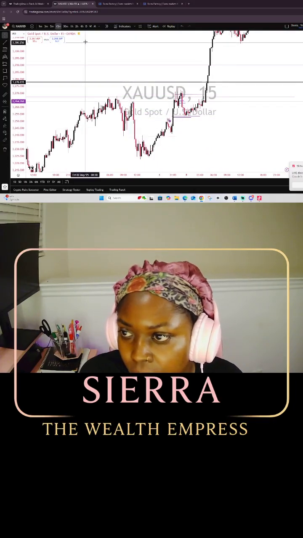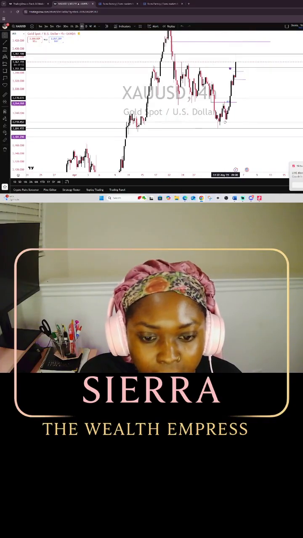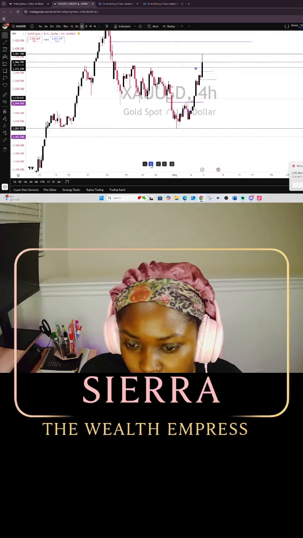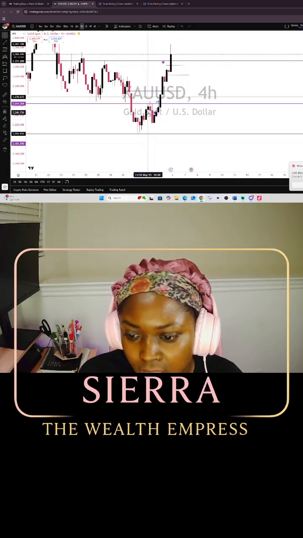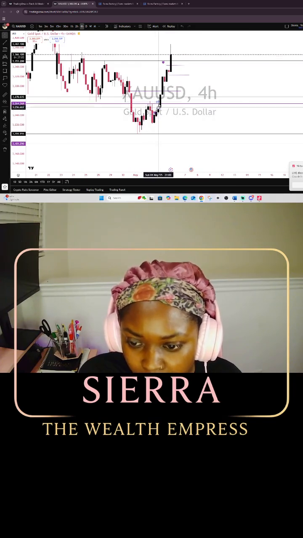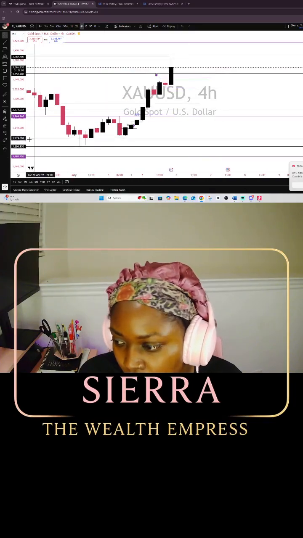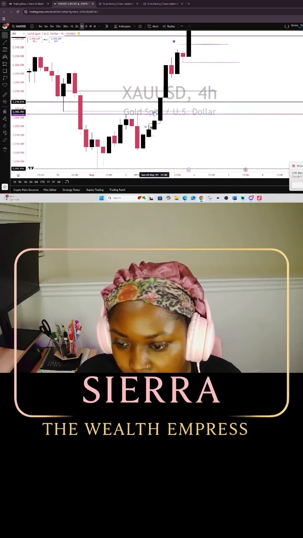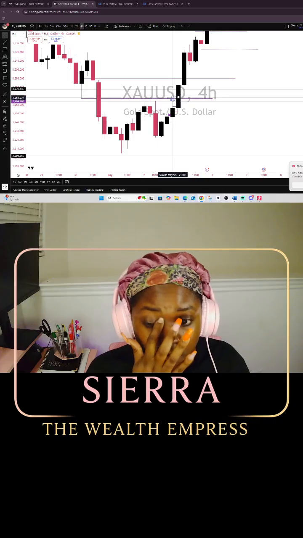And we had a 4-hour fair value gap. So this rejection happened last week, Friday. Then the market came and pushed back up. I don't know if y'all can see it, but there's a little wick right here. We missed the entry on this wick.